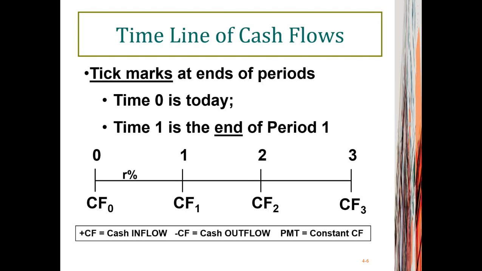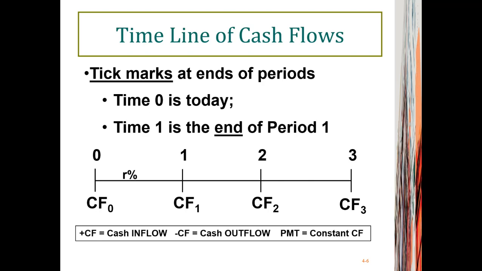Here we have a 3-year time period. 0 means time 0, 1 means 1 year from now, 2 means 2 years from now, and 3 means 3 years from now. So this finance problem involves a 3-year time period. And for each time period, you see cash flows. CF means cash flows. CF0 means the cash flow that occurs at time 0.